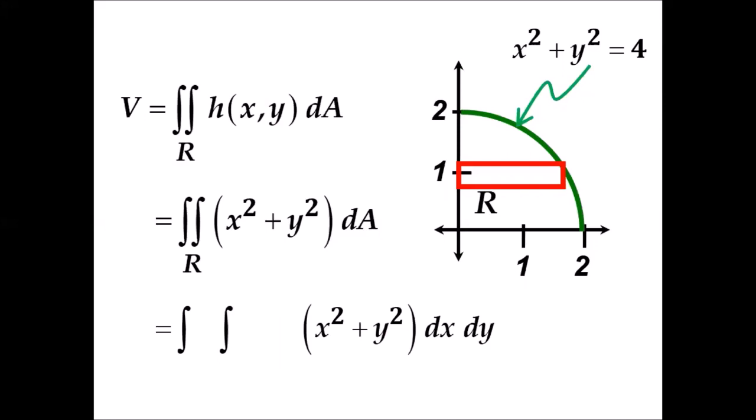While for the bounds of the outer integral, R is bounded above by y equals 2 and bounded below by y equals 0. Thus, the volume of the solid is given by this integral. Evaluating this integral and setting the integral using dy dx will be left as an exercise.